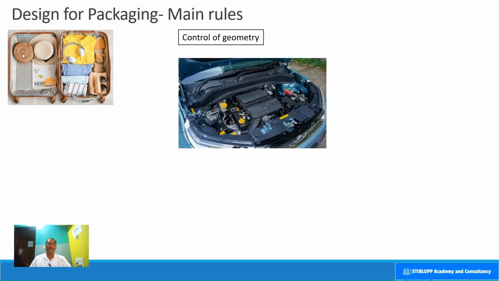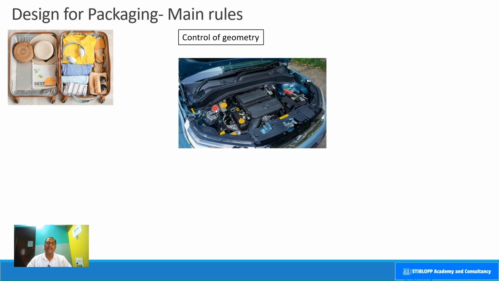Okay, the best example for this is the front portion of the car. You can observe here that there are several components. So the engine is placed right at the middle of the car in order to achieve the center of gravity demand.